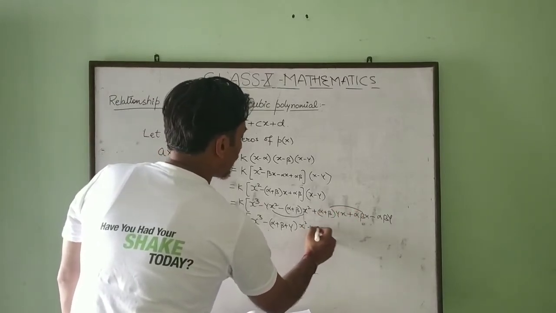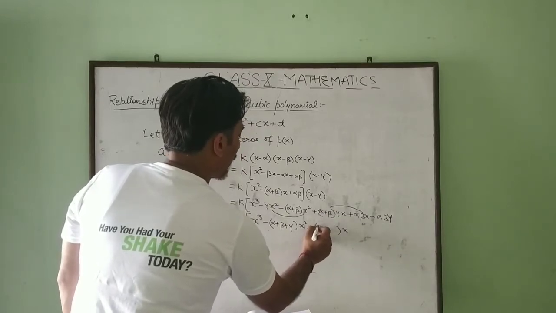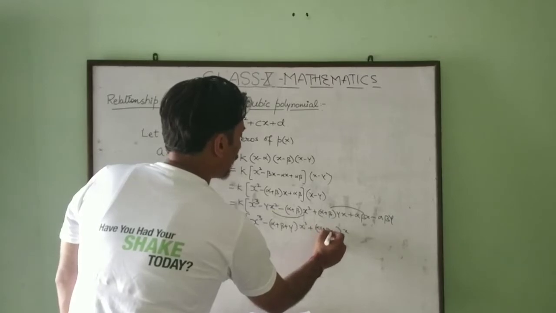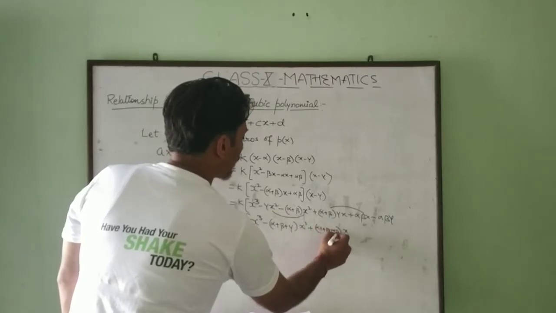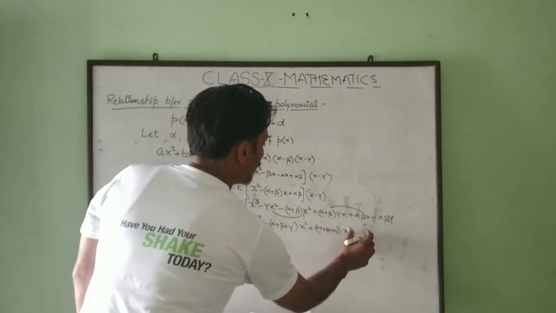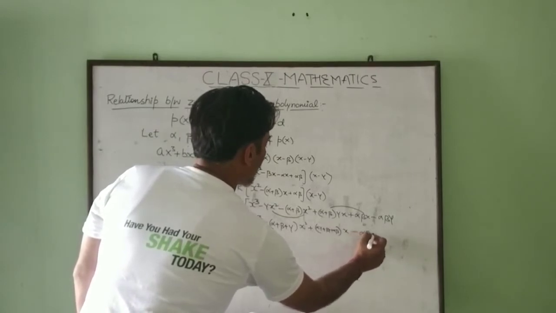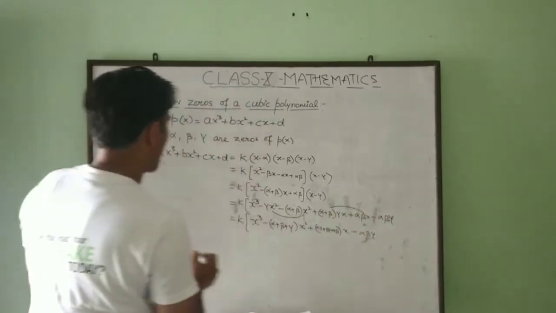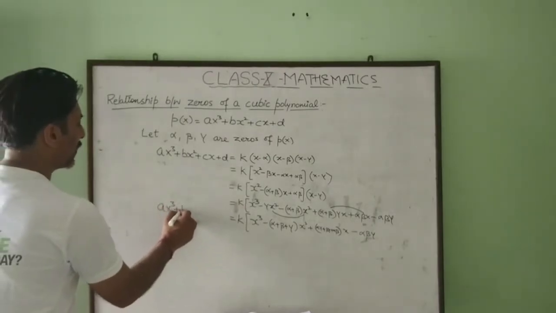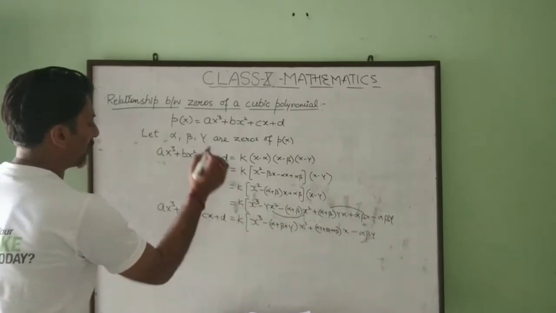If you take x common, then you have (alpha gamma plus beta gamma plus alpha beta). And the last term that you have is minus alpha beta gamma. And on the left hand side you have ax cube plus bx square plus cx plus d.